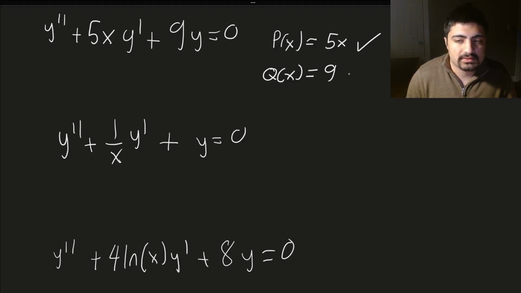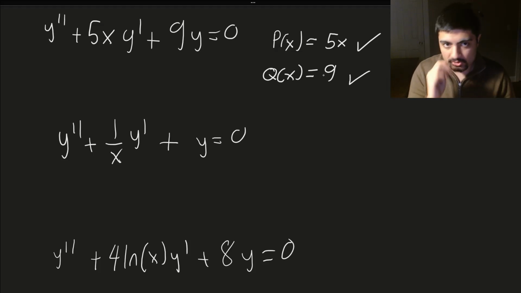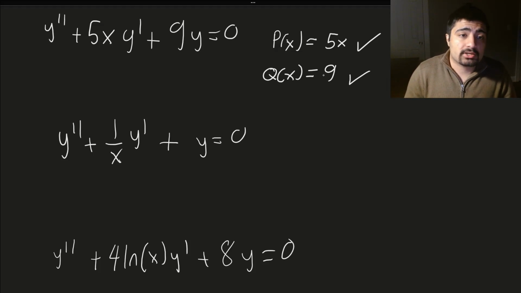Likewise, 9 is just a horizontal line on the plane, so it also exists, and there's no problem with that. Because of this, we don't have any singularity.